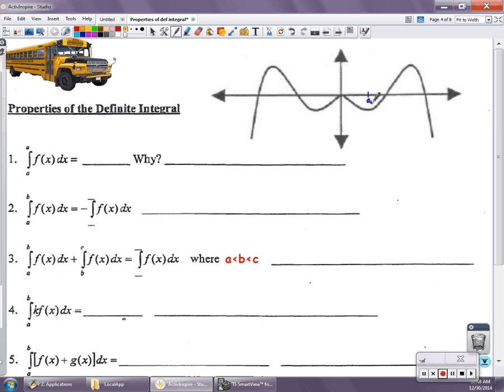If I collect the area starting at a and stopping at a, there's no movement whatsoever. So basically, the area that I'm collecting is an area of 0 because I haven't moved anywhere. So if I start at a and I stop at a, the amount of area that is accumulated is a net of 0. Why? There is no change in x.